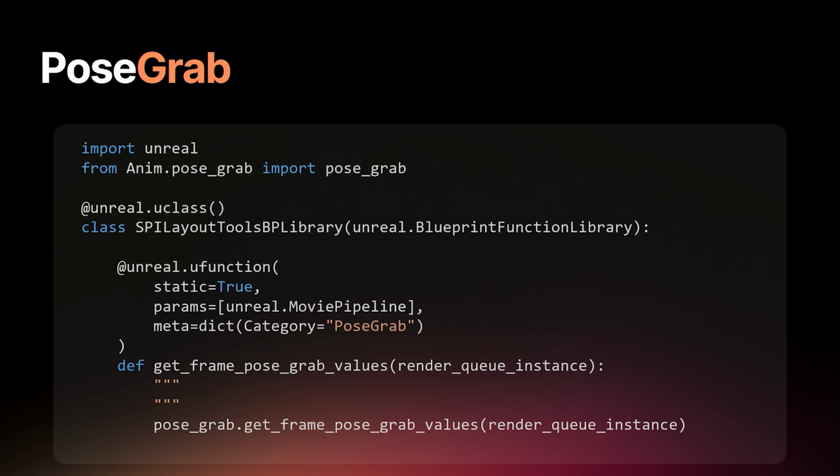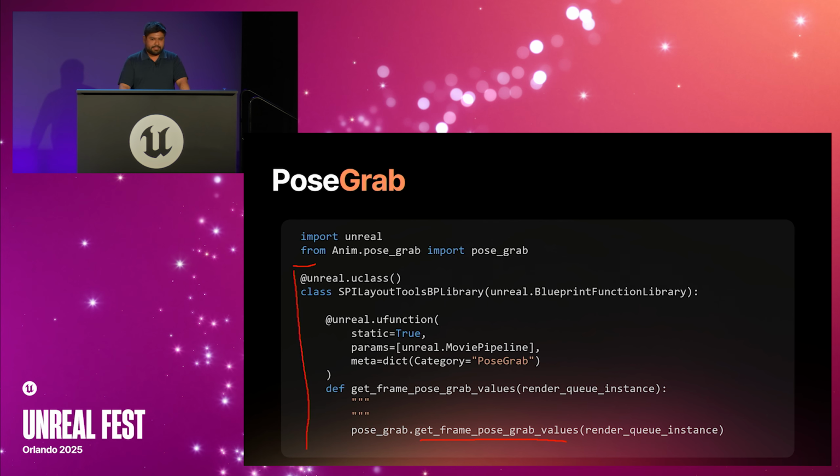And this is pretty easy to do. It's just one Unreal class, one simple node, and it just calls our function to get the values. We can get it each frame, so we can get the data for each of the frames and write it to disk. In our case, we use JSON files to store the data.